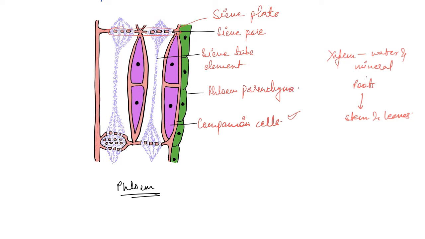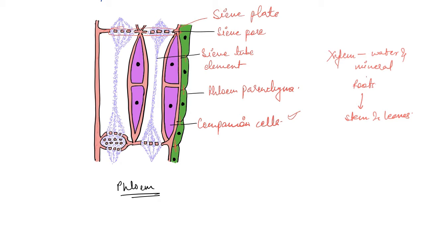So as you can see here, they are tapered, they are cylindrical cells, they have dense cytoplasm and nucleus. Now the cell wall of phloem parenchyma is made of cellulose, and it has again pits through which plasmodesmatal connections exist between the cells. So basically they are interconnected with each other, right?